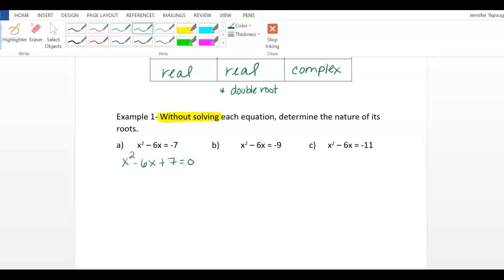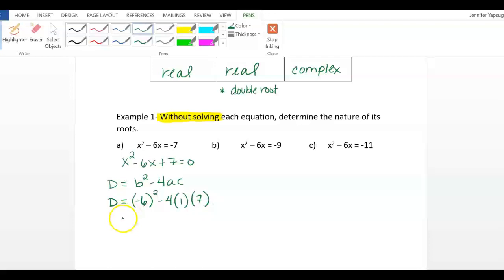Then we're just going to use the discriminant to figure out what kind of solutions we're going to have. So d is equal to b squared minus 4ac. Let's plug in our values for a, b, and c. So b is -6 squared minus 4 times 1 times 7.